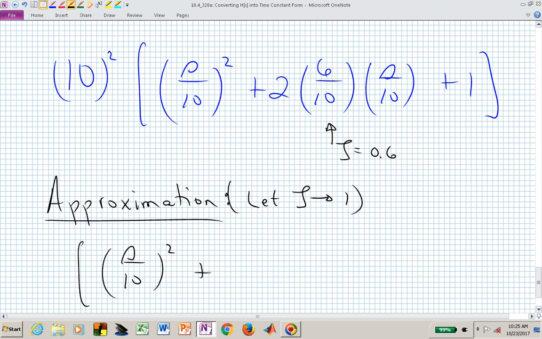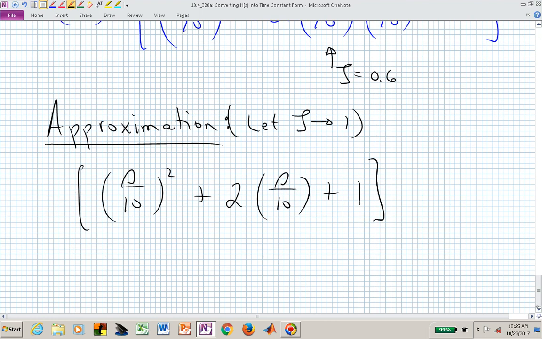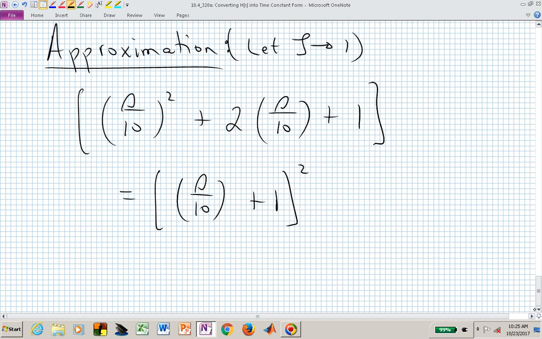We haven't changed the first piece. That's s over 10 quantity squared plus 2 times, now the 6 over 10 just becomes 1, and we have s over 10 plus 1. Hopefully you can now see that as a perfect square. This is now s over 10 plus 1 quantity squared.